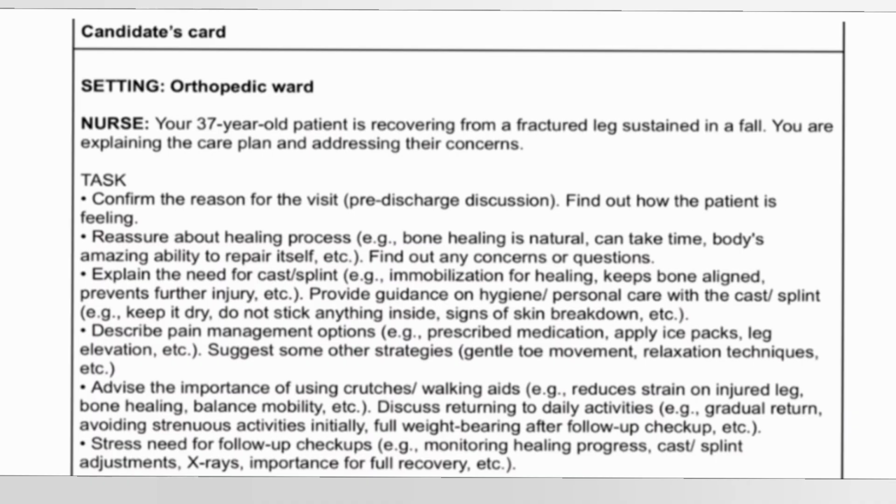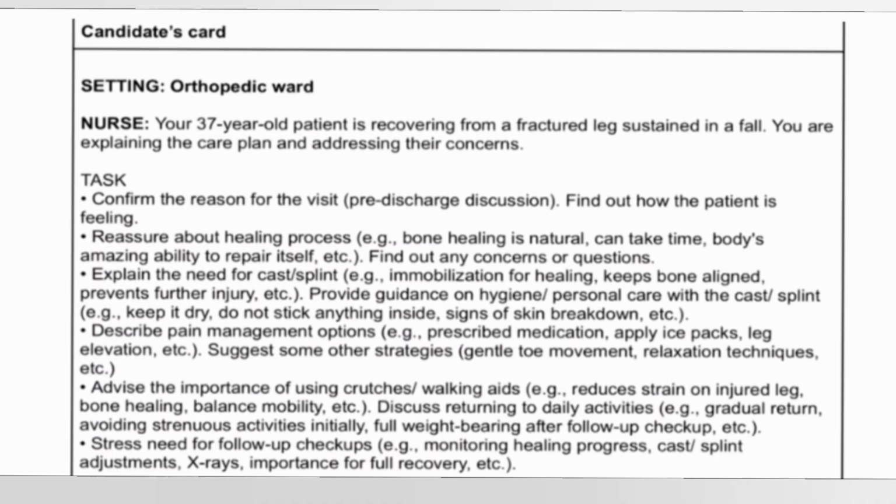Then as a nurse we can say, Miss Susan, I totally understand how difficult the situation is for you, but try not to worry. I'm here to help you. I assure you that there will be a healing process, like the bone will heal naturally, but it will take some time, and moreover the body has an amazing ability to repair itself. Like this we have to assure the patient.